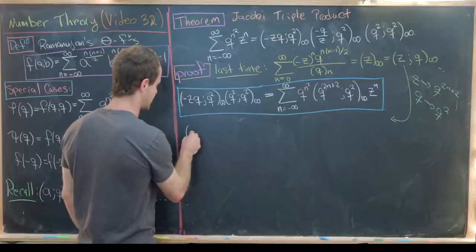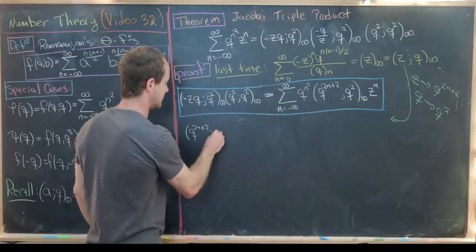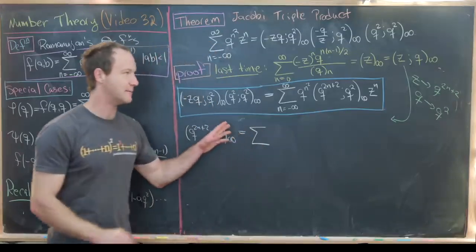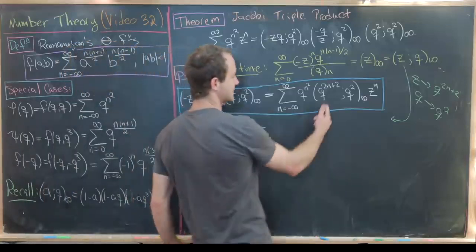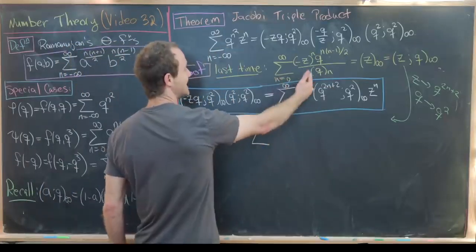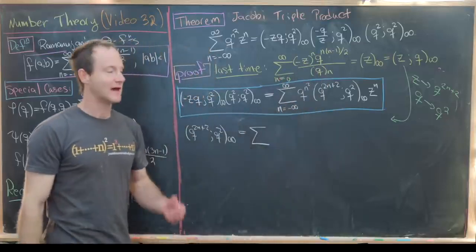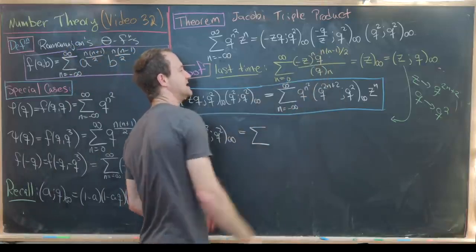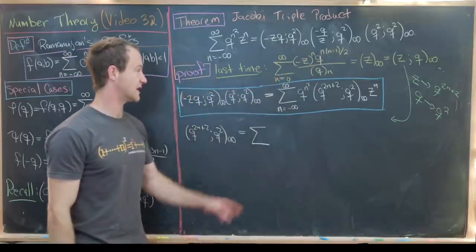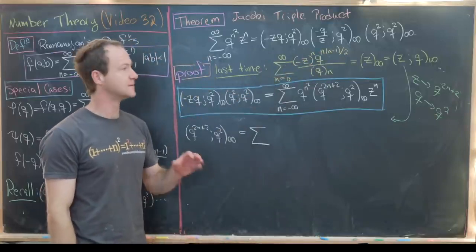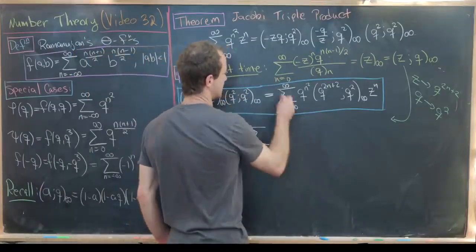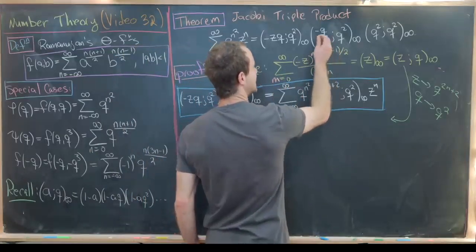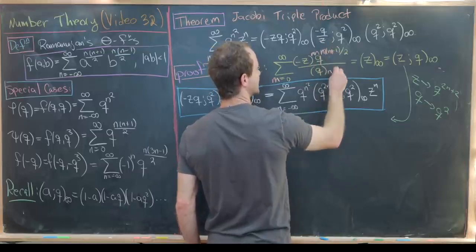So that'll leave us with (q^(2n+2); q squared) infinity equals the sum. And now I have to be a bit careful because I'm making this replacement for n, but I have an n in my identity here. That might seem a little bit problematic, but it isn't, because we can make a change of index into this sum right here. We could switch out all the n's for m's. So that's exactly what we're going to do. So I'll just write the m's here in pink. That is the switch that we're making, but that index change obviously does not change the identity.